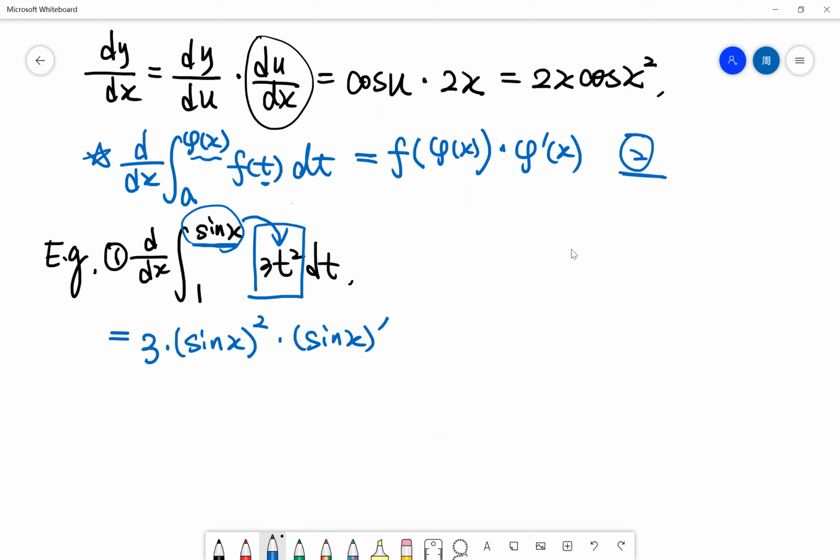So that equals 3 sine squared x. You should write the square here, not after x, okay? And then times cosine x. So this is the result of this question. Can you understand how I used formula number 2 to solve this question? Any questions here?